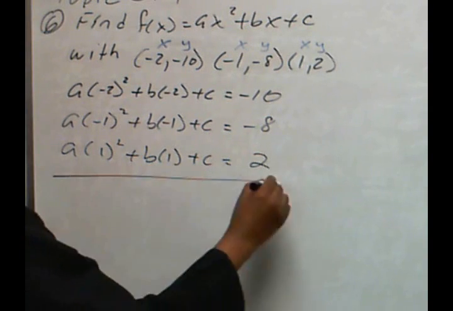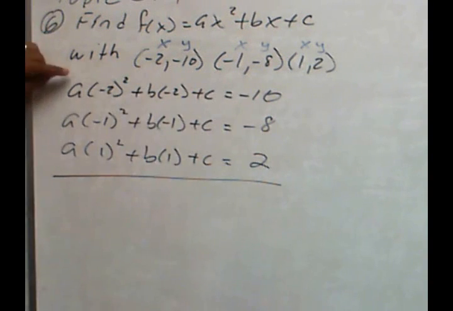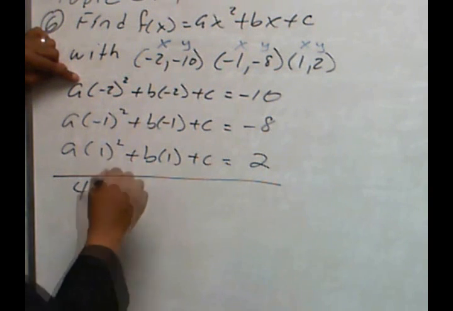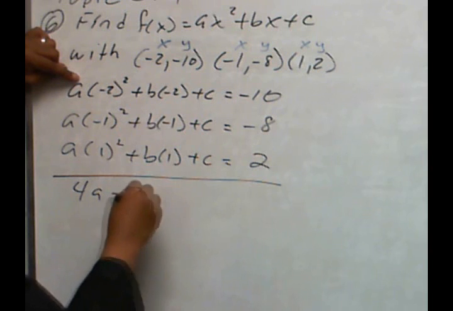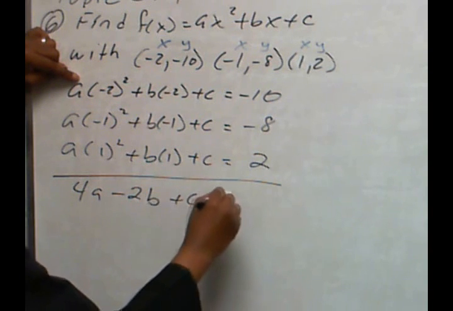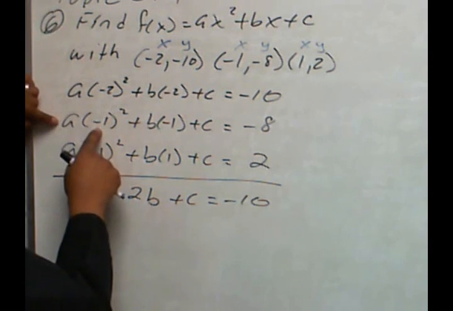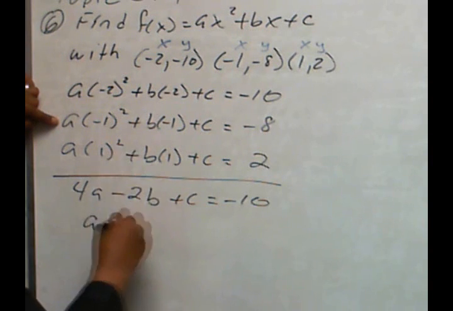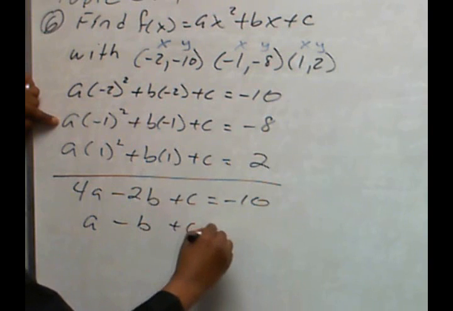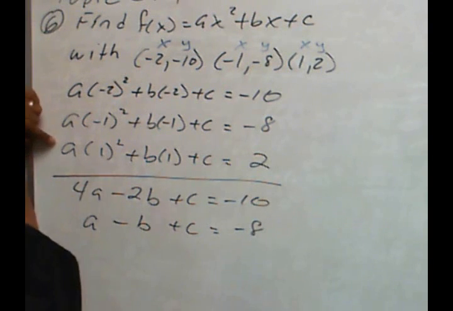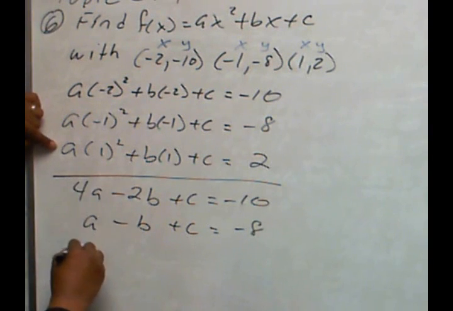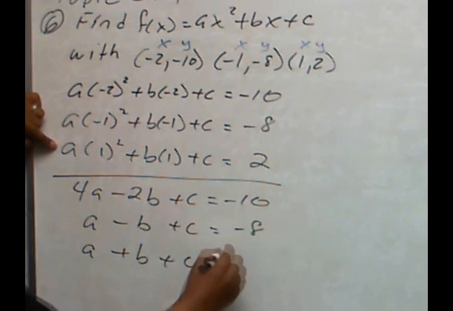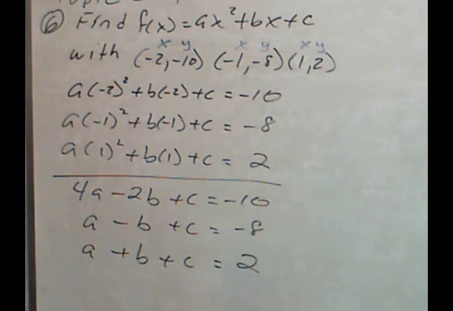Now, we can simplify this. (-2)^2 gives us 4a, -2 here gives us -2b, plus c equals -10. This -1 squared simplifies to 1a, and this is a -b plus c equals -8. 1 squared simplifies to 1a, 1b, and c, and that all equals 2.